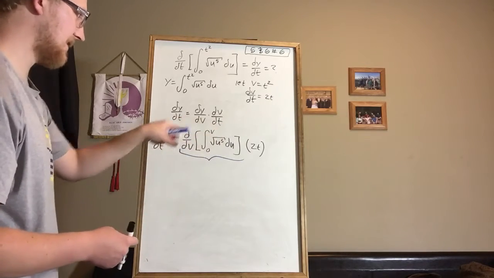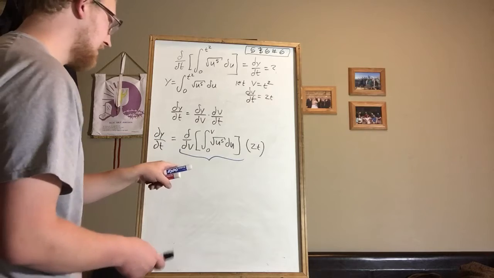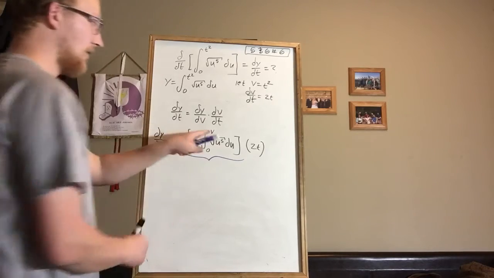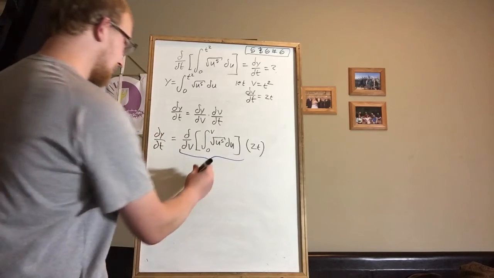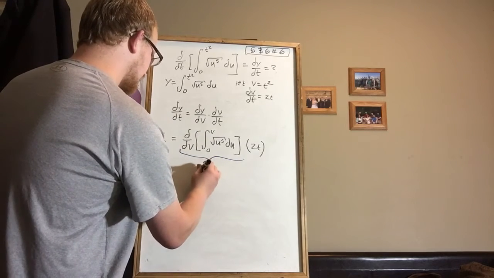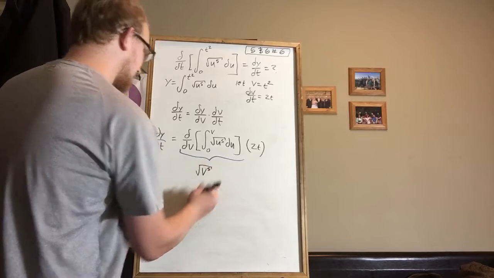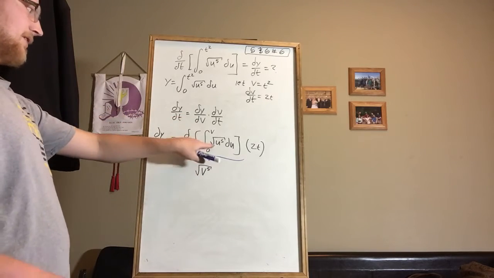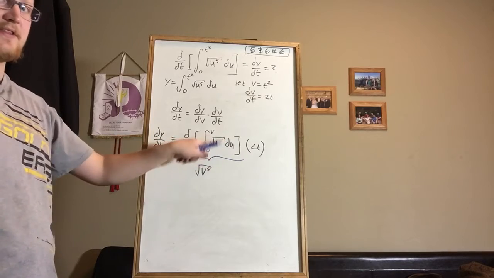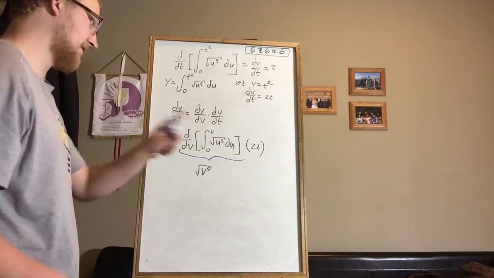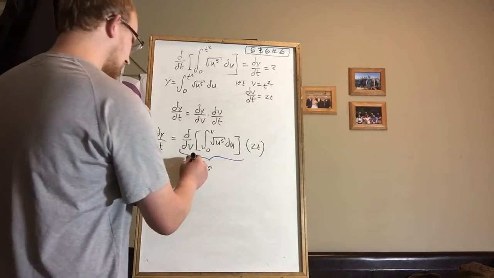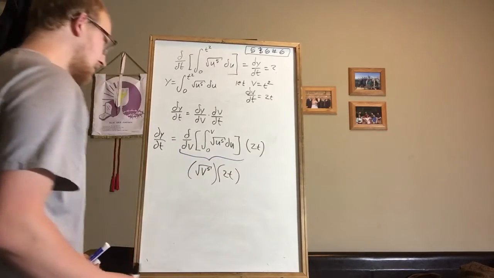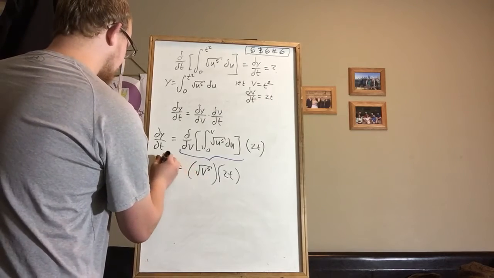So in this arrangement, the derivative of this integral is going to equal the square root of v to the fifth, because the derivative and the integral cancel out, and wherever there was a u to the fifth under the root, now we get a v to the fifth under the root. Alright, so that's this one evaluated times 2t equals dy/dt.